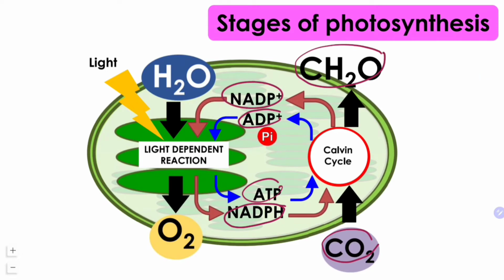So we can see that the product of the Calvin cycle, which is NADP+ and ADP, is the reactant involved in the light-dependent reaction. Similarly, the product of the light-dependent reaction will act as reactants for the light-independent reaction, or the Calvin cycle.